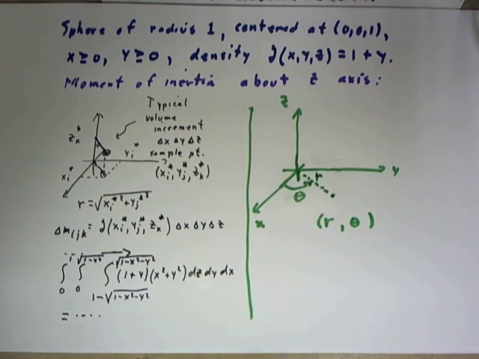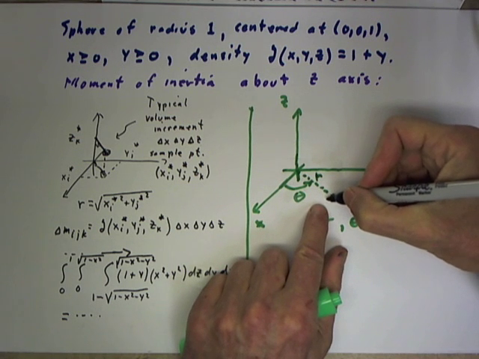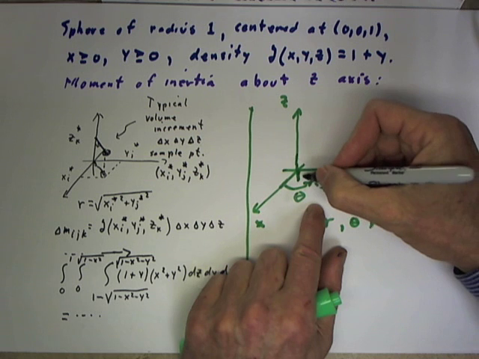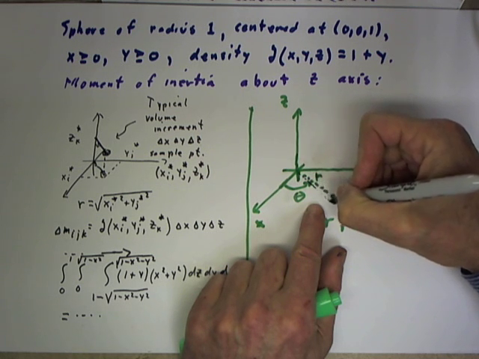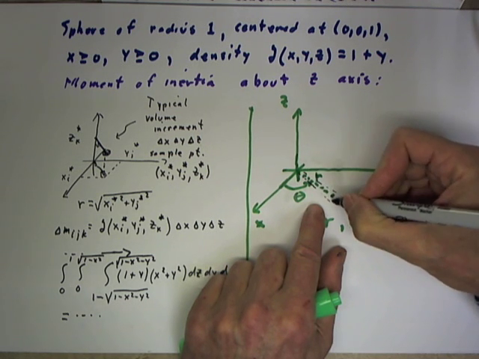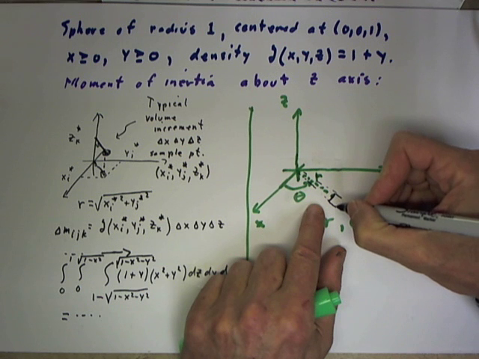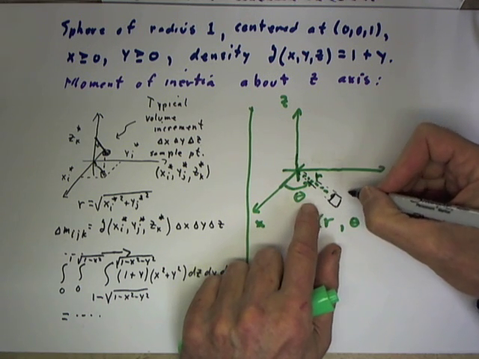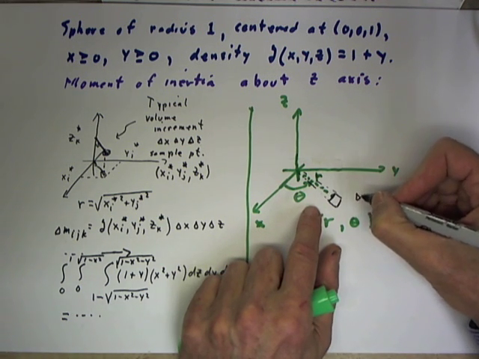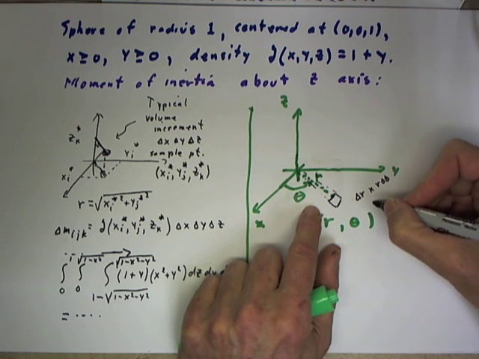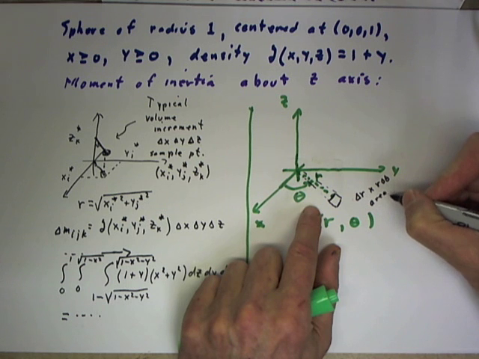So now our typical increment down here has an interval delta theta. It comes out something like this and like this, as we've seen before. We have an arc here, and a delta r here, and a delta theta here. That's our delta r by r delta theta area increment.